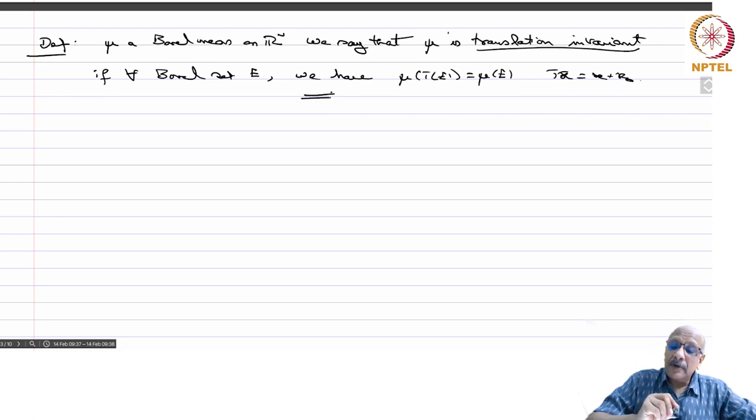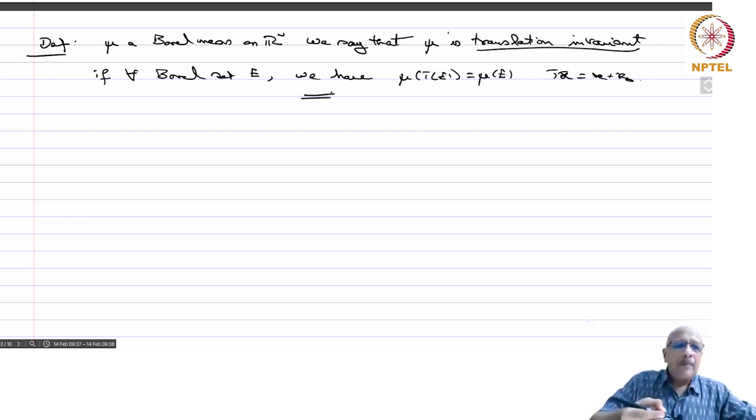What are the other properties we have seen? Important properties: Lebesgue measure is finite on compact sets. Lebesgue measure is outer regular, namely it is the infimum of mu star of U, over open sets U containing any set E. Now it happens that these properties completely characterize Lebesgue measure. Any other measure which has the same properties will just be a constant multiple of Lebesgue measure.